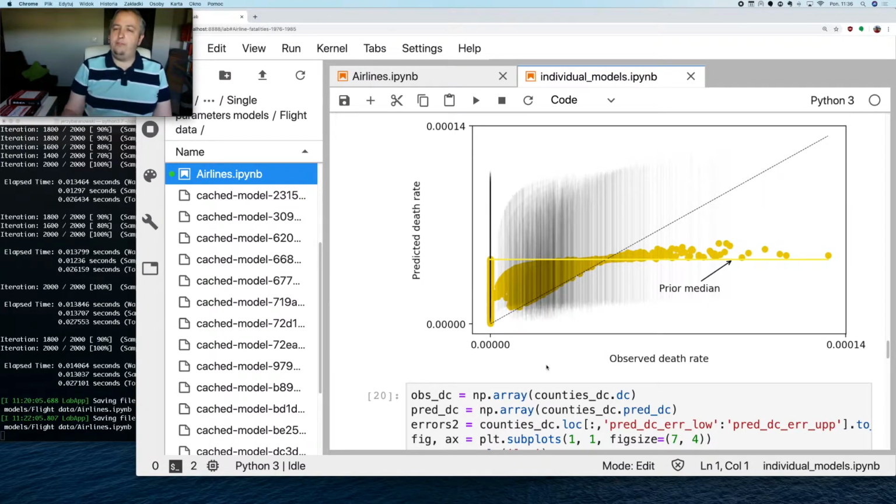But this is not necessarily a good representation, because there are certain counties where we have 0 observed cases, but still the cancer is possible. So then the prior takes responsibility for everything.